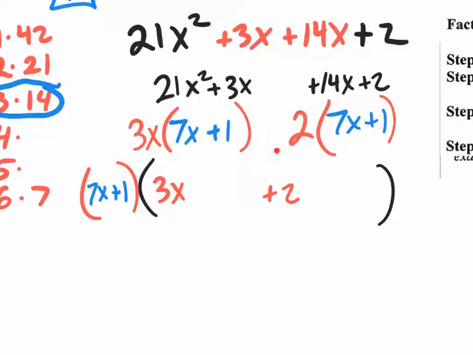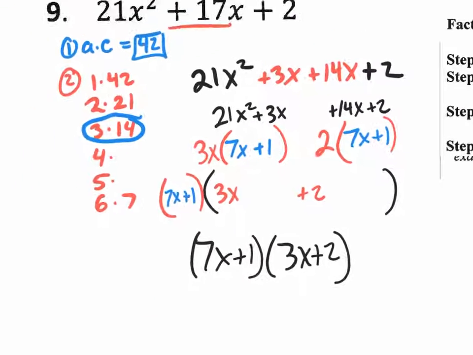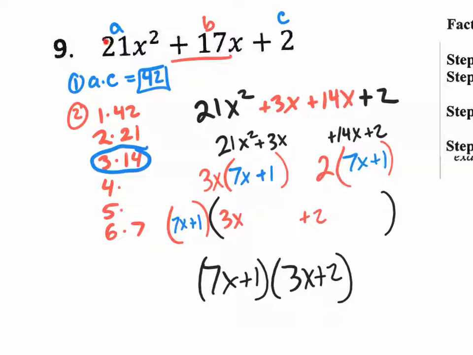Notice that I put a positive right there. That way it looks nice. If you don't put a plus, then it doesn't really make sense. So there's your answer: 7x plus 1 times 3x plus 2. If you wanted to double check it, all you have to do is distribute and combine like terms and see if it really does give you that original quadratic trinomial that you started with. Okay, I'm done.